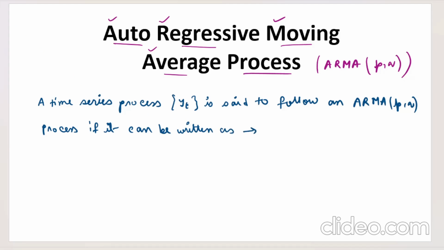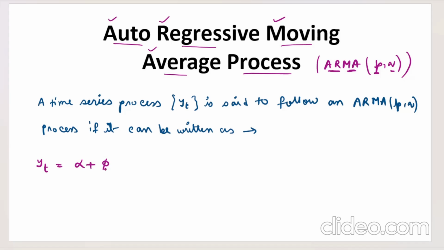If you have followed my lectures on the autoregressive process and the moving average process, you will know how we write them individually. You know how to write AR(p) and you know how to write MA(q). So you have to just combine both of them. Let's see, Yt, what will this be?